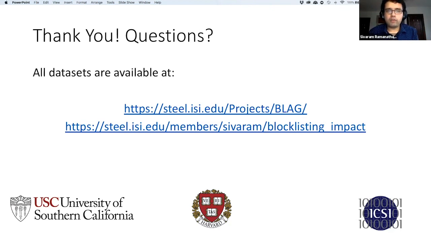In the second paper, we conducted a survey among network operators to see if blocklists have any impact on the network or if they are actually being used. We find that many of these network operators use these blocklists to actively block traffic. They use very popular blocklists such as Spamhaus or AlienVault to block traffic actively.